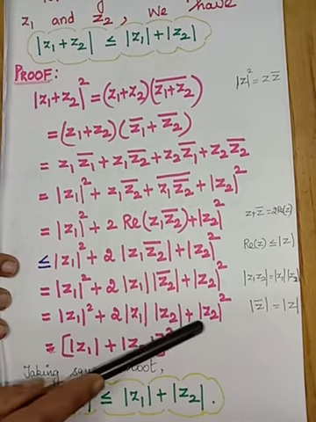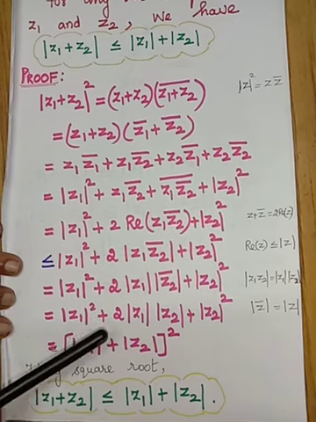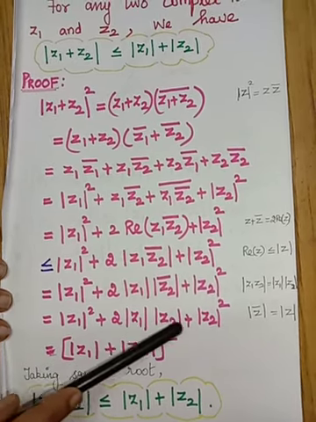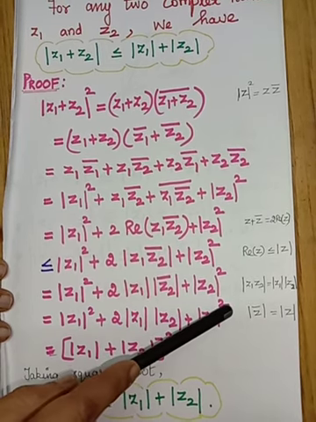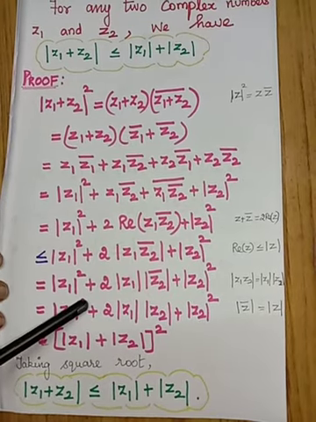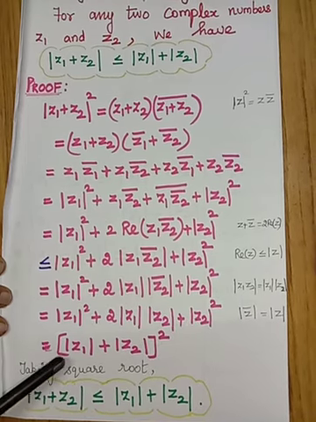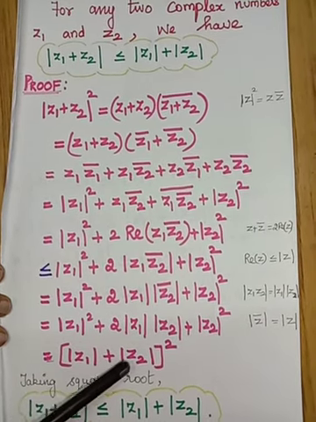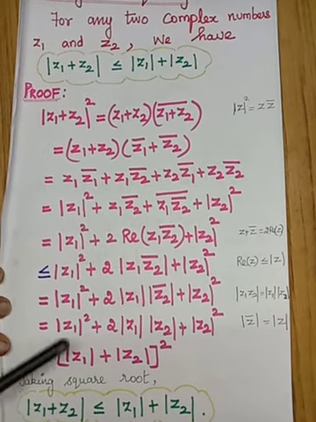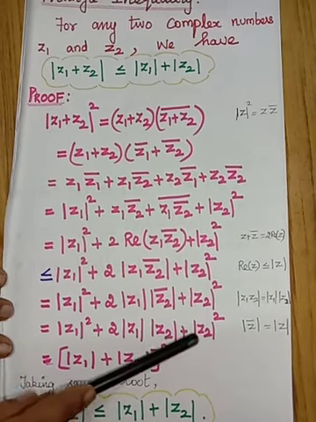So you arrive at modulus of z1 squared plus 2 modulus of z1 modulus of z2 plus modulus of z2 squared. This is in the form a squared plus 2ab plus b squared, the formula for a plus b the whole squared, where a is modulus of z1 and b is modulus of z2.